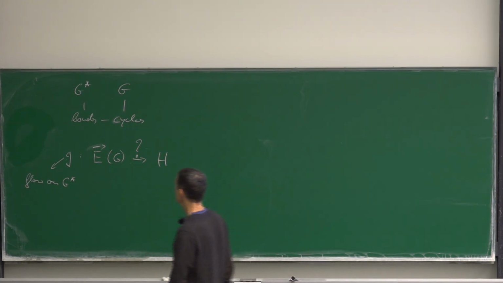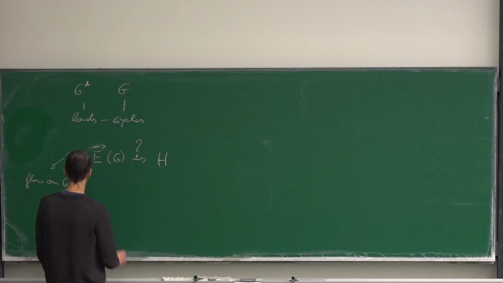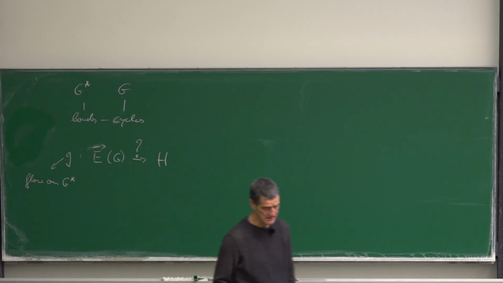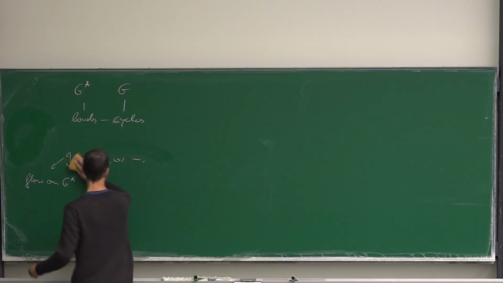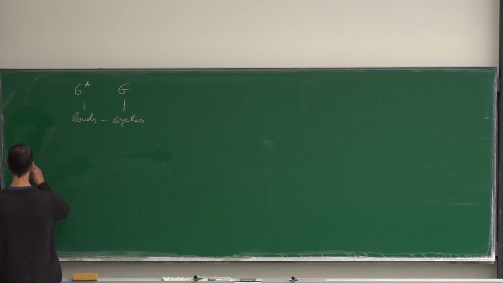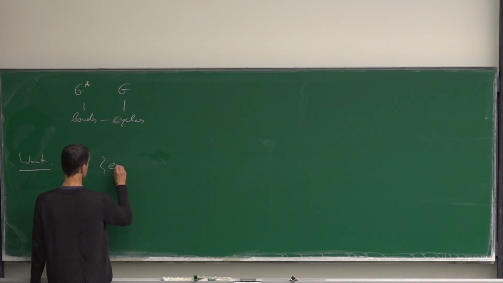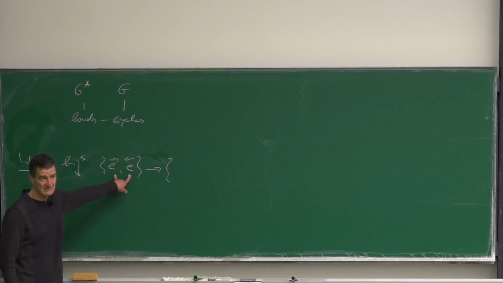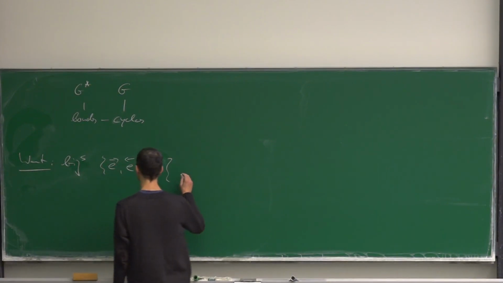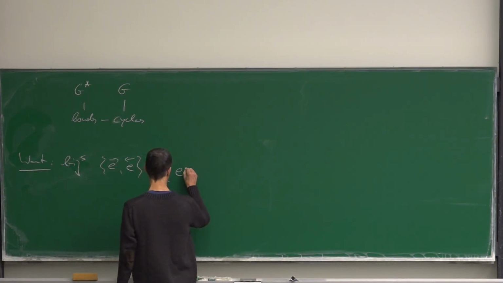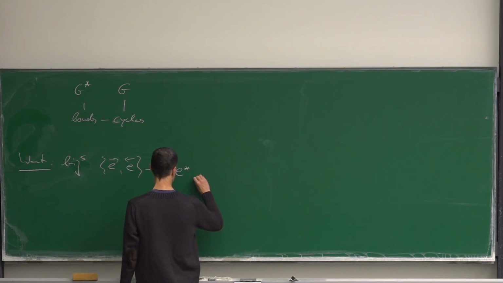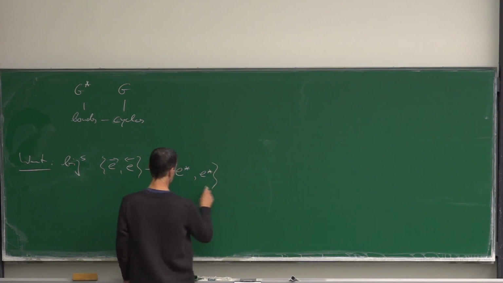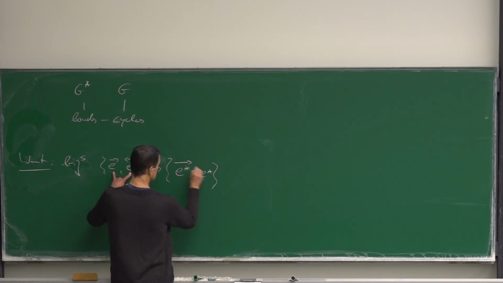We refine it to a bijection between the oriented edges of G star and G. So we want bijections from the two orientations of an edge in G, say, I'm going from right to left now, to the two orientations of the same edge viewed as an edge of G star.